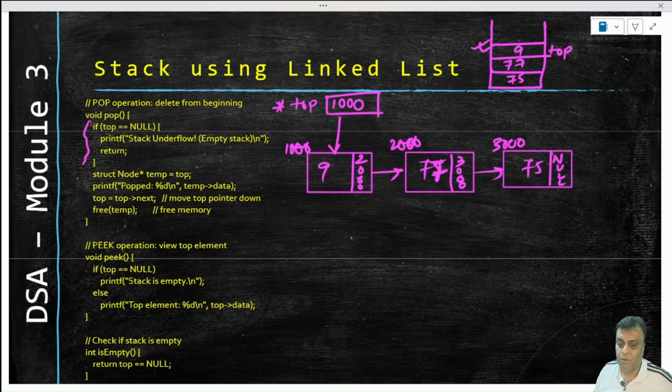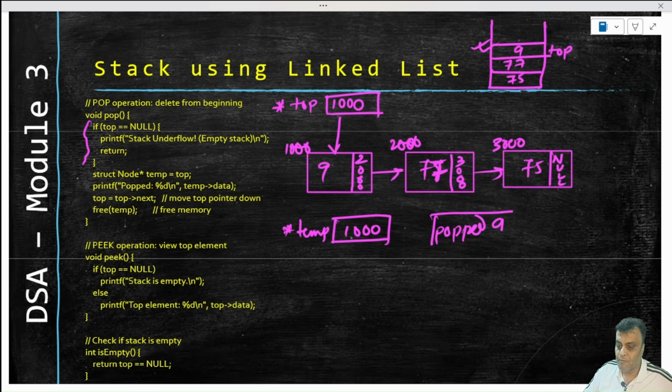Now we are trying to do pop. So we will take a temp that points to top, and we'll just say temp's data is what we have popped. Temp's data is 9. So we will say we have popped 9 through this particular printf.